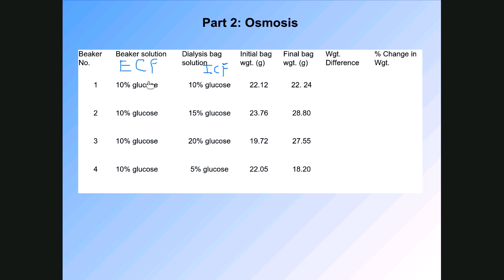Notice the solution you put in the beaker is 10% glucose, and all 4 beakers would have 10% glucose. Once you place the dialysis bags with their solutions in the beakers, you would wait 1 hour, take them out, dry the dialysis bags off, and then weigh them again a second time. So the time between these two weighings is 1 hour.